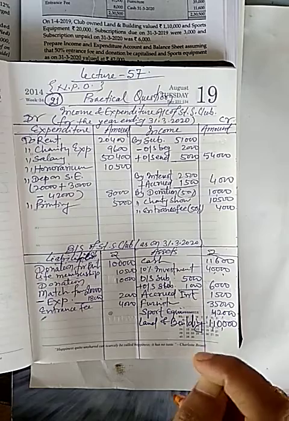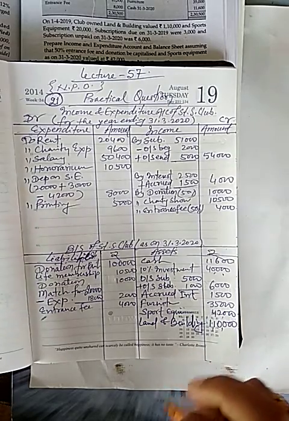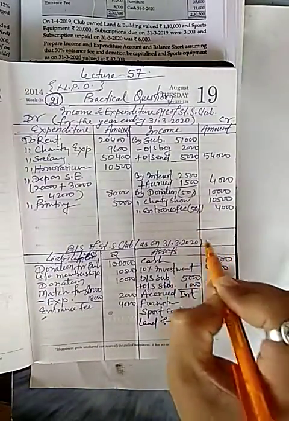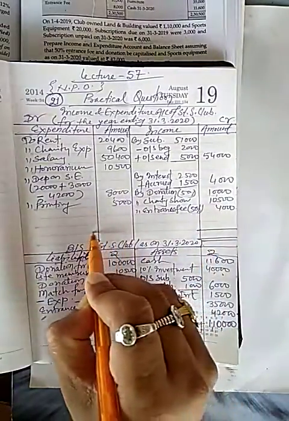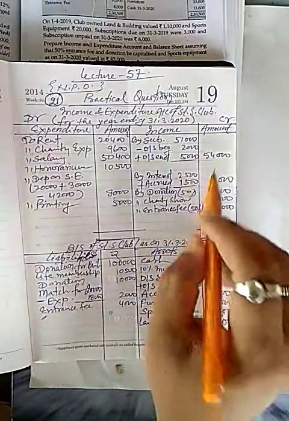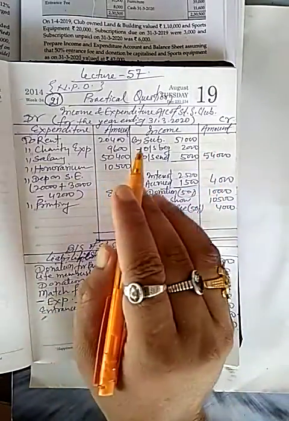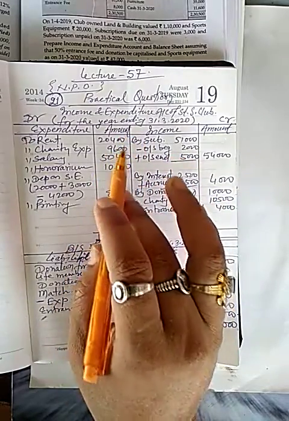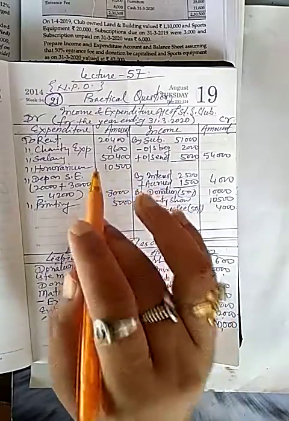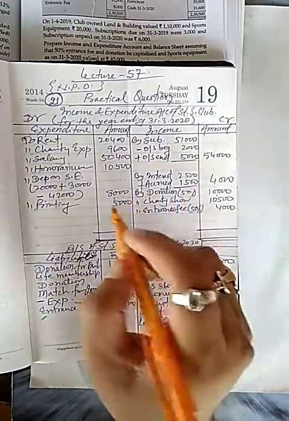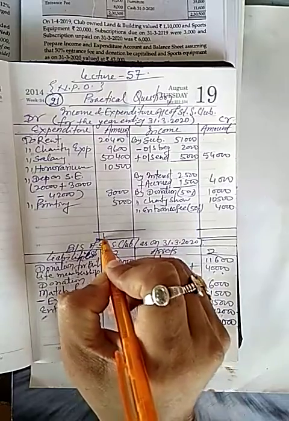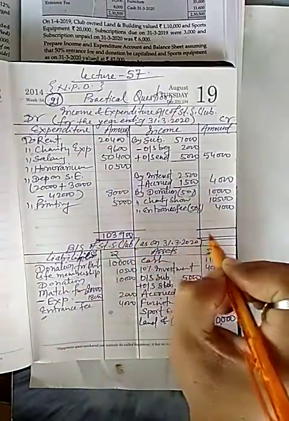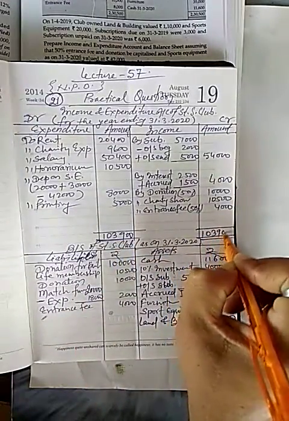Now I will calculate the deficit or surplus. In this question, expenditure is in excess over the income. So total expenditure will be 1,03,900.